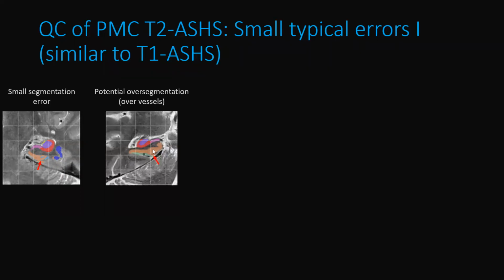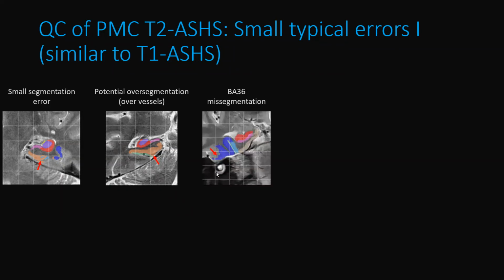From time to time, you see that a vessel is included in the segmentation. As long as that's not on too many slices, that generally is not a problem. The lateral end of BA36 often looks a little bit missegmented. Again, I think that's a small error and you can ignore that.